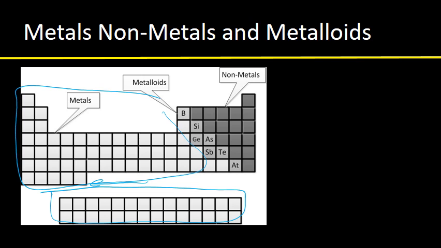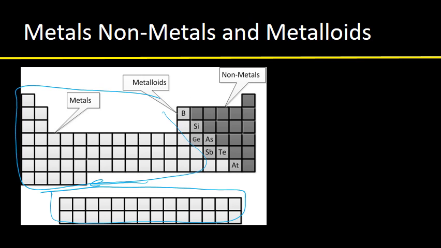You can bang them with a hammer to reshape them. Almost all of them look kind of silvery. Copper and gold, of course, look a little bit different, but all the other ones look very similar. And as far as physical properties go, they all are very similar in their appearance, right? So these are all the metals.